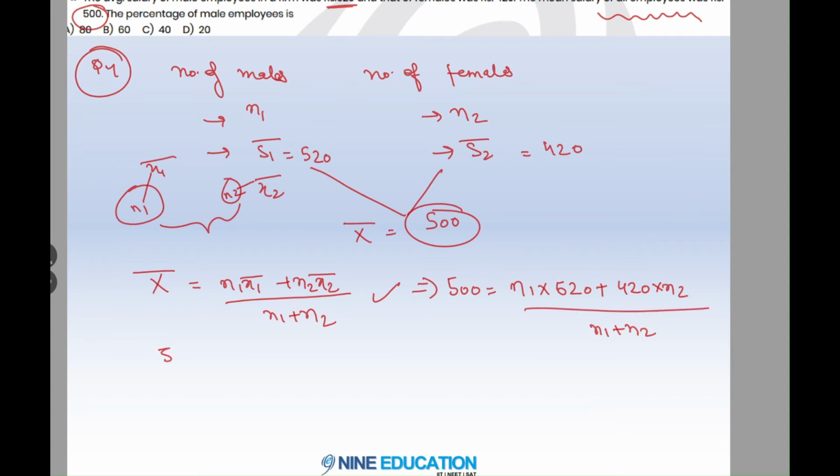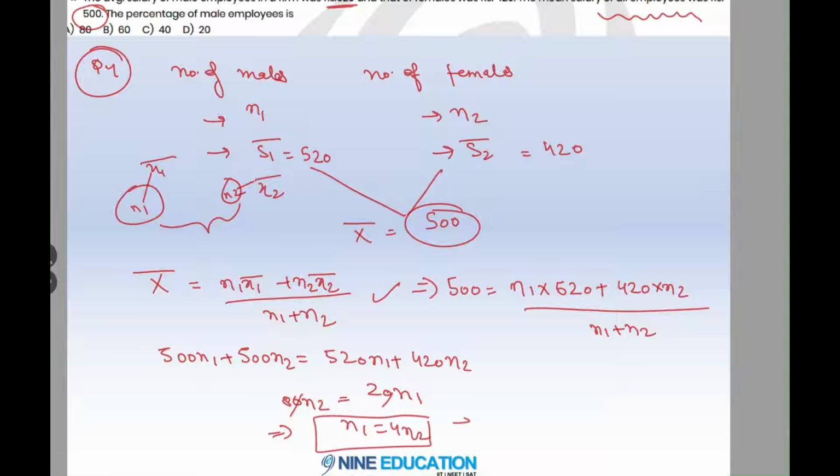Cross multiply, we'll get 500 N1 plus 500 N2 equals 520 N1 plus 420 N2. 20 N1 equals 80 N2. Hence, N1 is equal to 4 N2, or N1 by N2 is equal to 4.